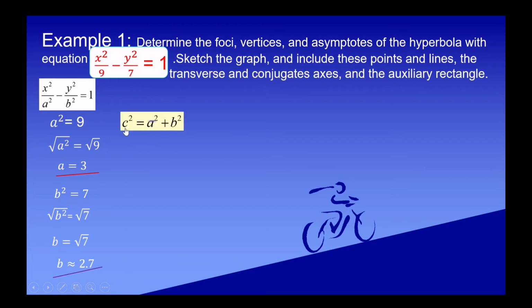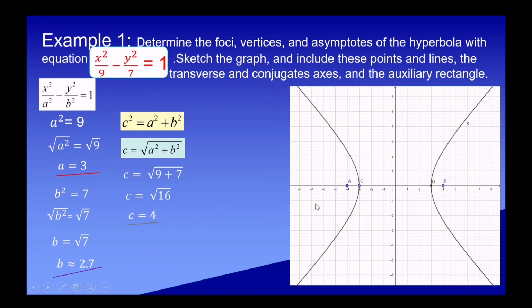Then we can use c squared equals a squared plus b squared. So c is equal to the square root of 9 plus 7, which is 16. Then the square root of 16 is 4. So yan ang value natin ng c. So we have complete variables a, b, c.